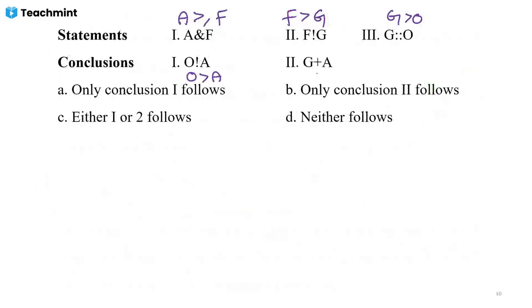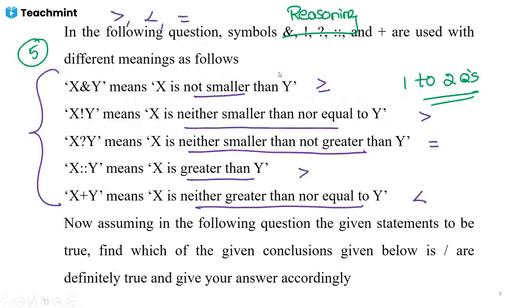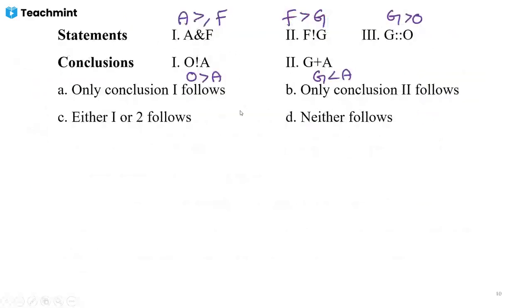So guys, they gave some meanings for each symbol. We decoded that here, and now I am substituting that in the statements and conclusions. Up to this part, hope you are clear. Everyone, is that clear up to this point?